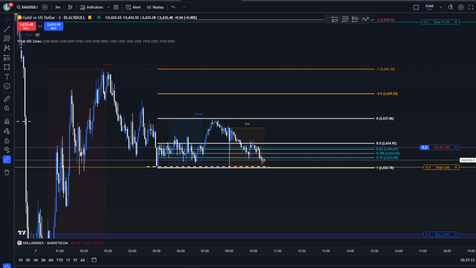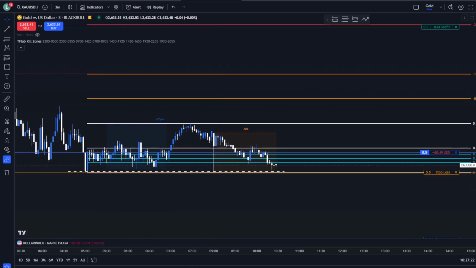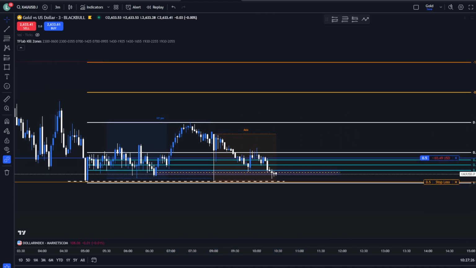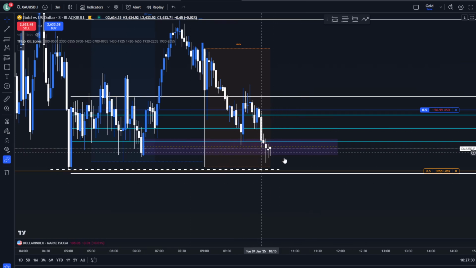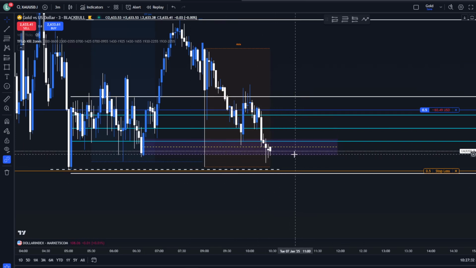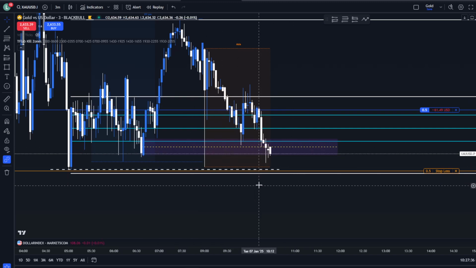We're not in any fair value gap or clear breaker block. I mean, we do have this breaker block area here, but it makes me concerned because we're dipping below that so much. So I'm not taking this breaker block area as seriously. We're only wicking under it, but this is not what we usually see in breaker blocks.